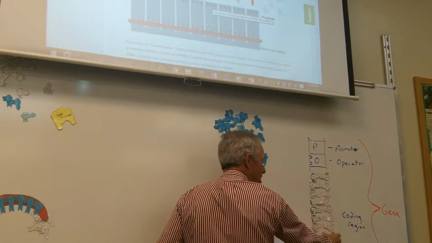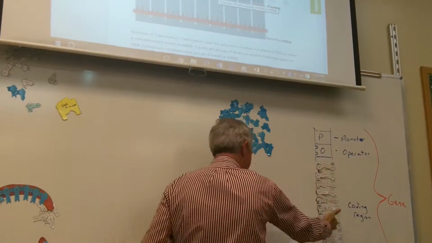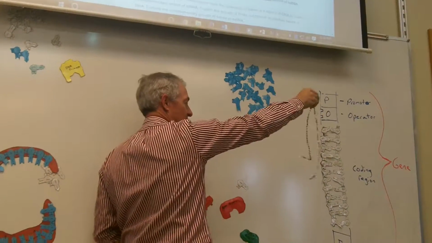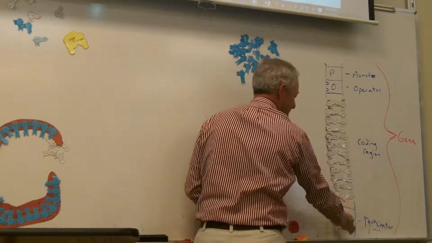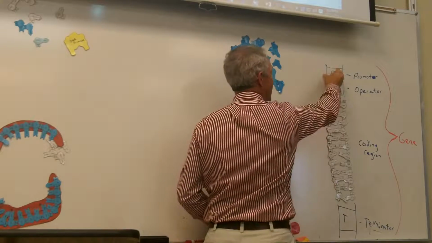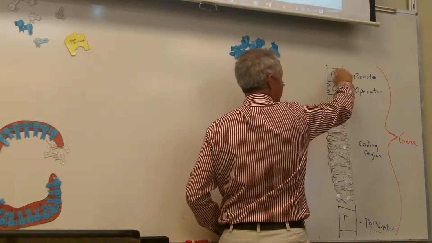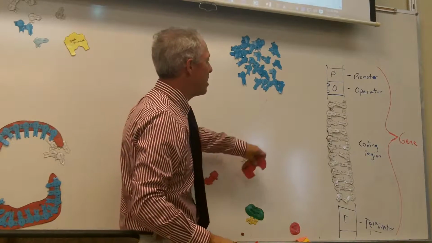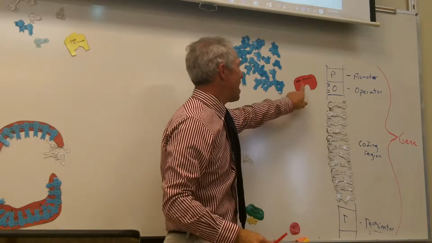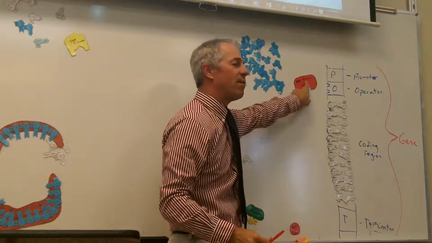This part right here is called the coding region. That's what codes for the protein. But there are other parts of the DNA that are important too. This part is called the promoter. The promoter is where a special enzyme is going to attach. That enzyme is called RNA polymerase.